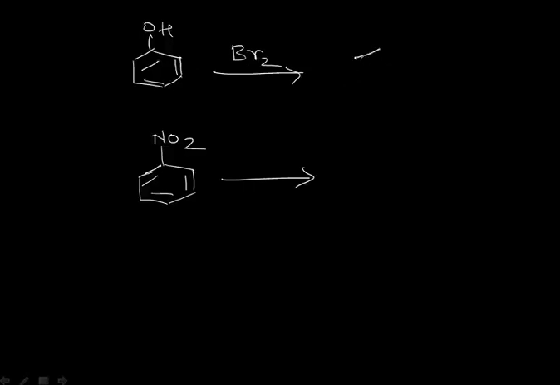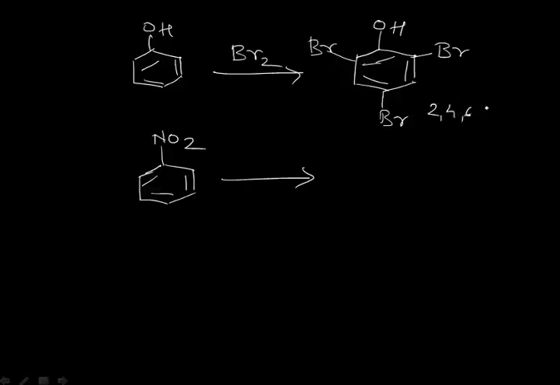When you have phenol as a substrate, bromination of phenol ends up with the formation of the product 2,4,6-tribromophenol.